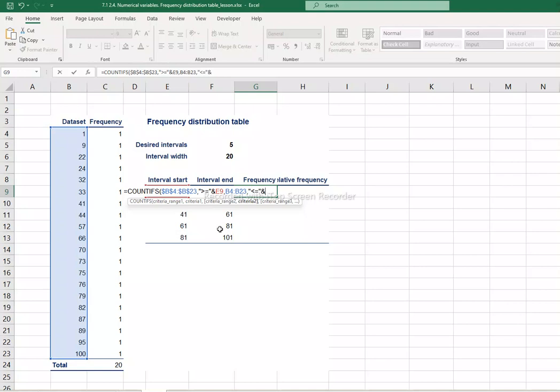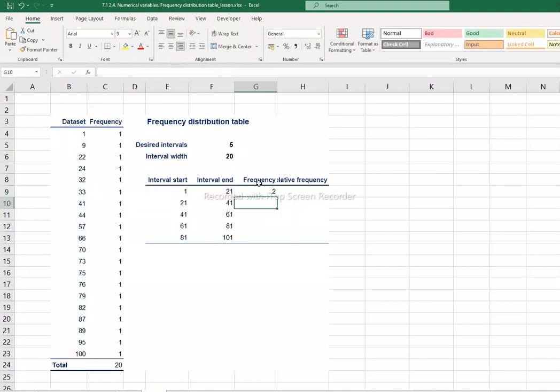And F9. So that is the formula for counting. Here again we make it absolute, as it has been made absolute, and press enter. This gives us the frequency, and now we can copy that formula to the other cells.